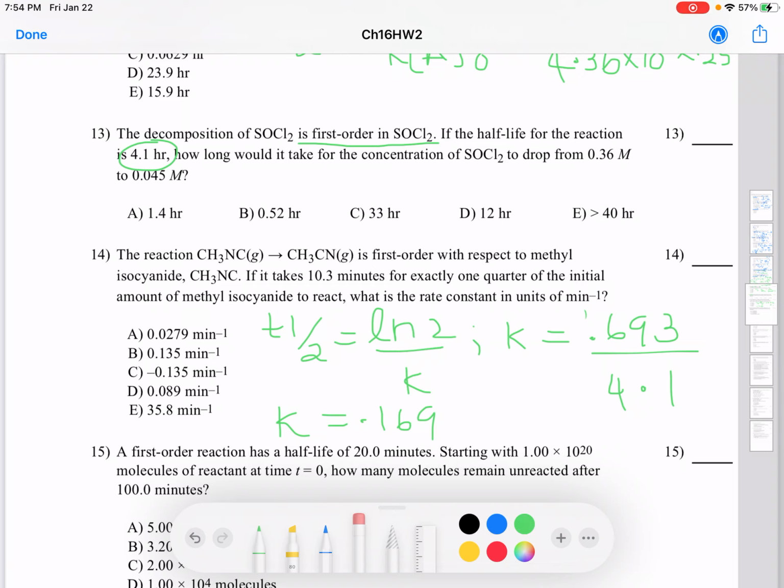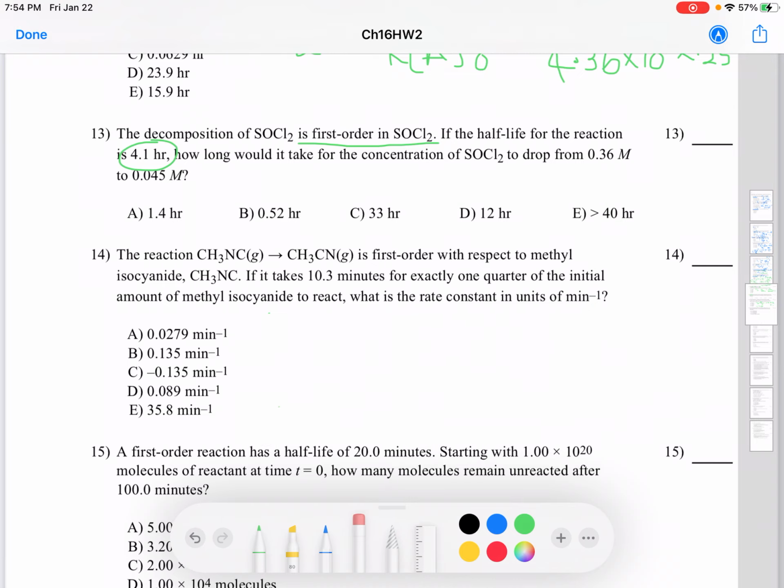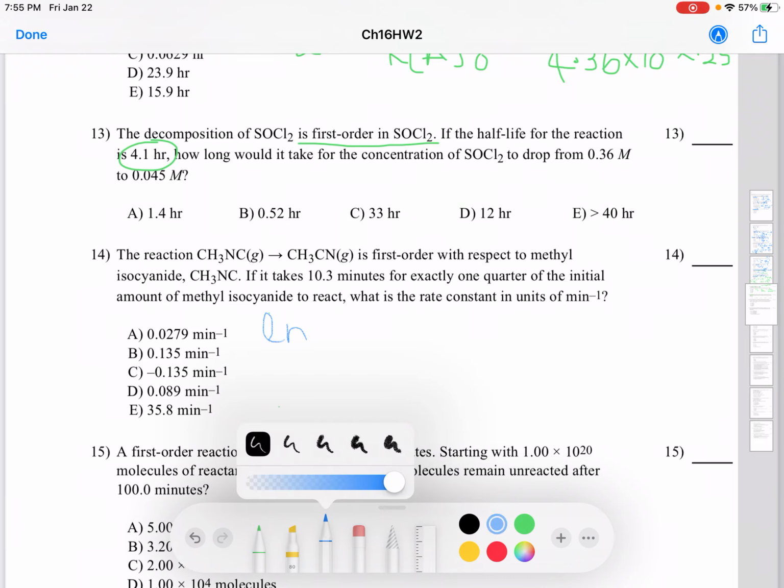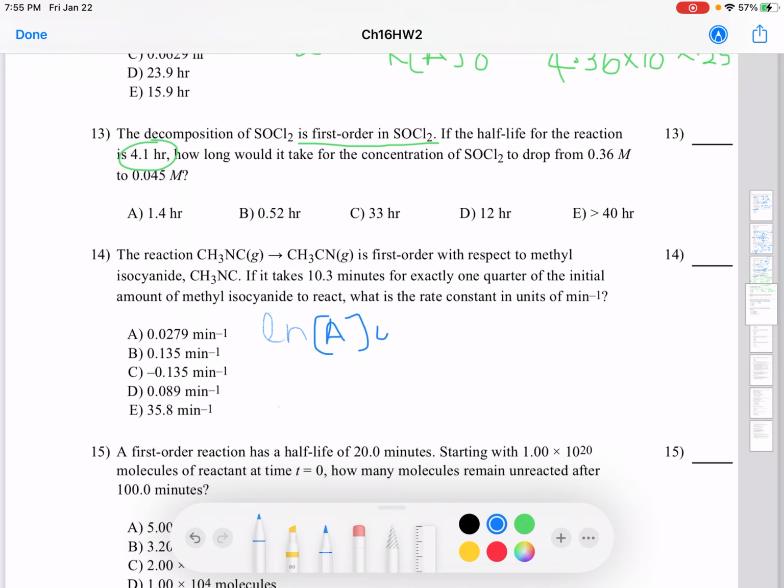I'm going to erase this one so I can use some space. Integrated rate law for a first order reaction: ln A naught over At equals kt.